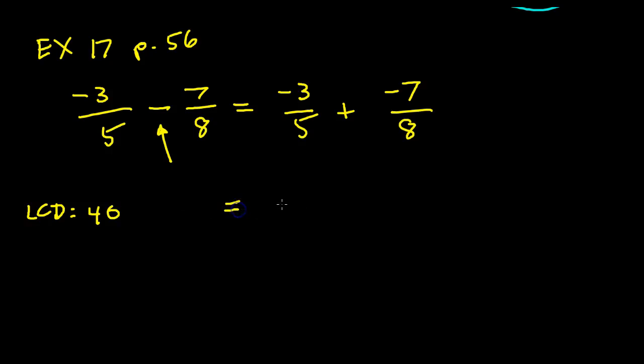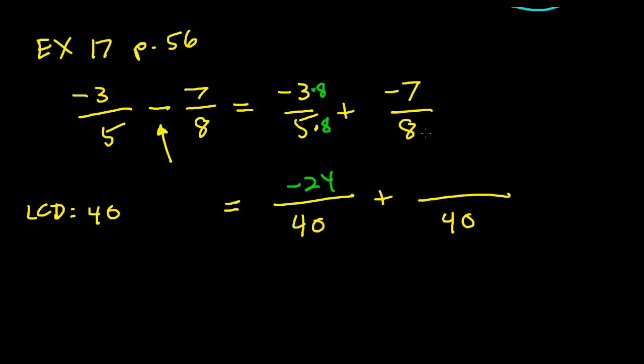So I'm going to express both these fractions equivalently with 40 as my new denominator. In the first fraction, I will multiply top and bottom by 8. That, of course, is going to be 40 in my denominator, and minus 3 times 8 in the numerator is going to be minus 24.